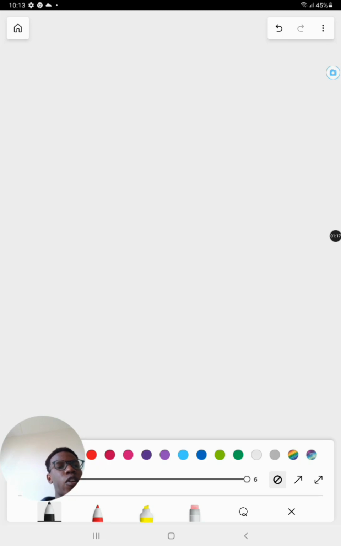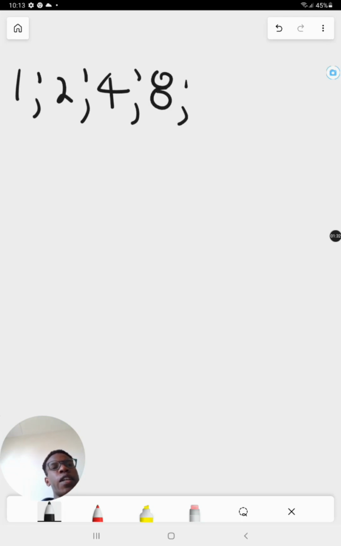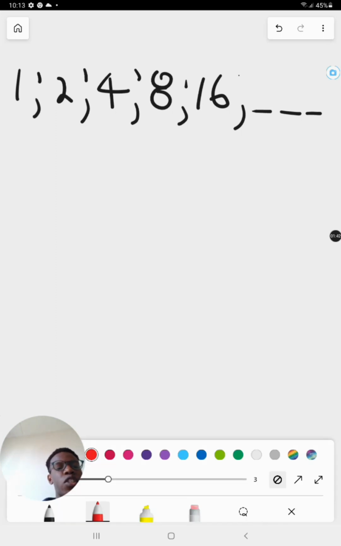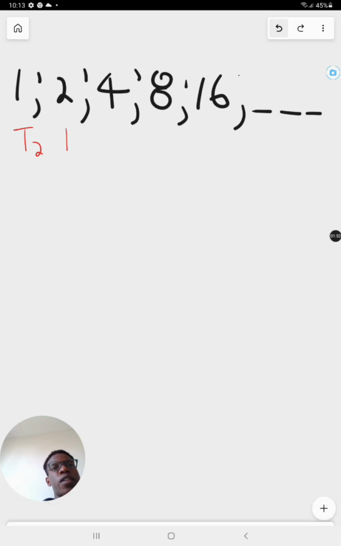Let's say you've got the following geometric sequence. You've got 1, you've got 2, you've got 4, you've got 8, you've got 16, etc. The next one is going to be 32, etc. Remember, what makes a geometric sequence geometric is that the ratio of two successive terms is constant.